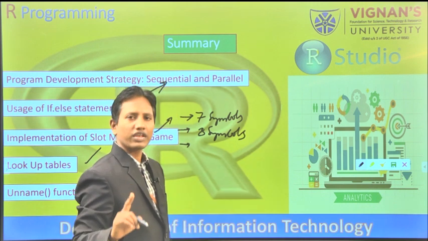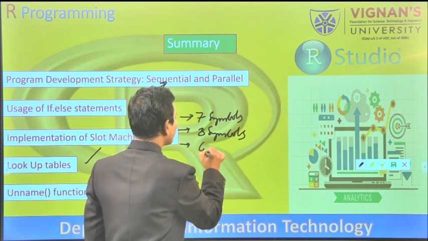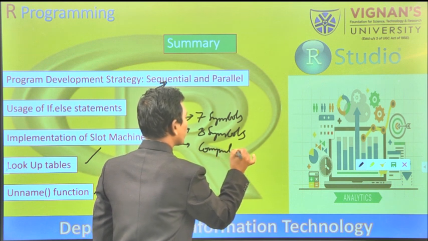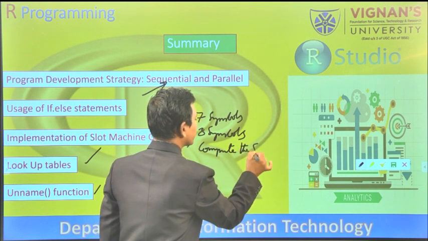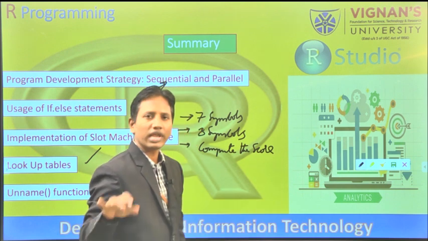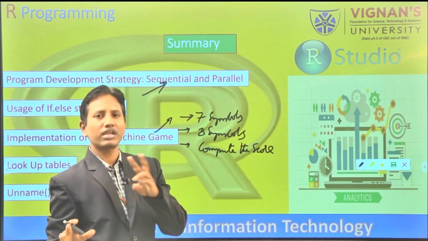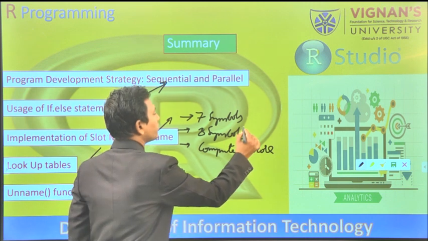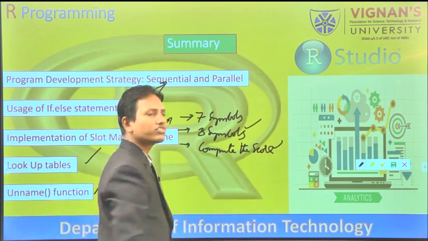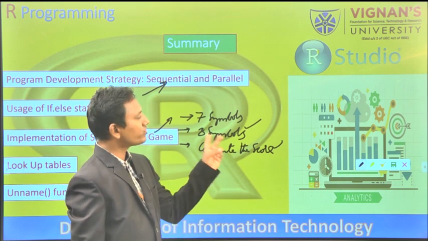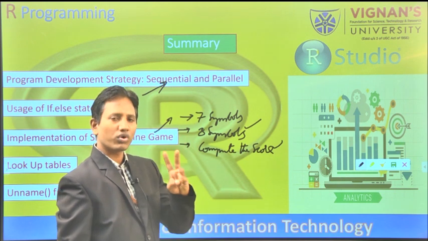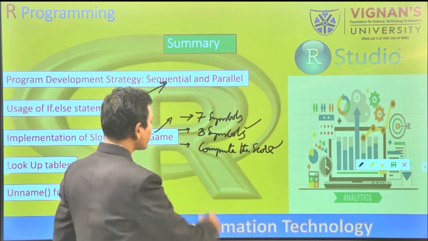Then for these 3 symbols, we have to compute the score. Broadly, the entire slot machine project is divided into 3 tasks, that is generating 3 symbols and computing the score.